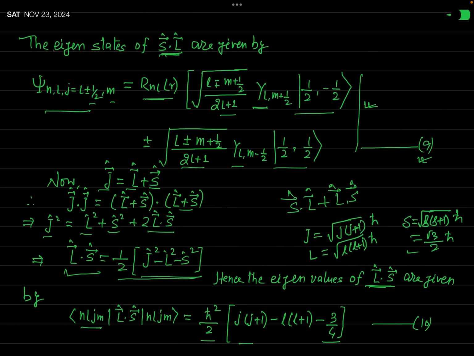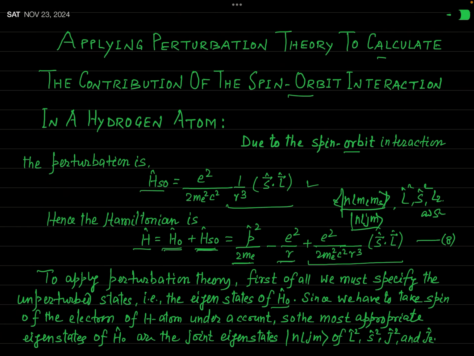Okay. Now after getting the eigenvalues of S dot L or L dot S, you can now find the eigenvalues for the Hamiltonian H, which I have defined in this equation 8. What will be the eigenvalues of this Hamiltonian H?